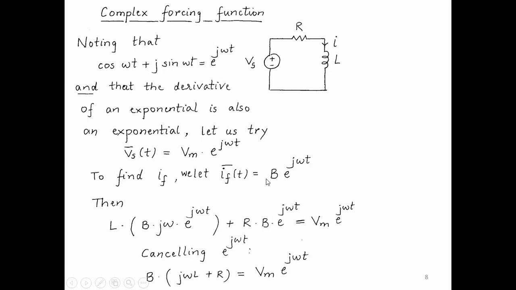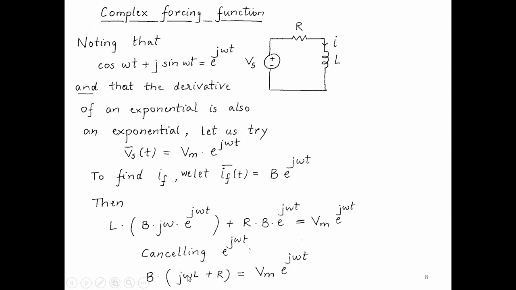So L into di by dt of this, which is B into j omega into e raised to j omega t, plus R into B e raised to j omega t, equal to Vm e raised to j omega t. Now e raised to j omega t cancels, as we have seen before when we were solving second order equations and substituted e raised to st. This is the same algebra but with a different result.